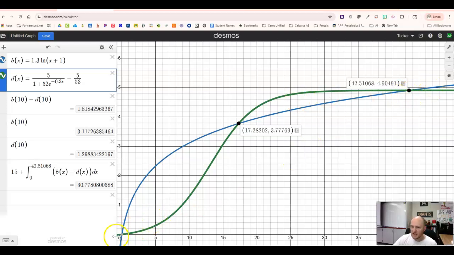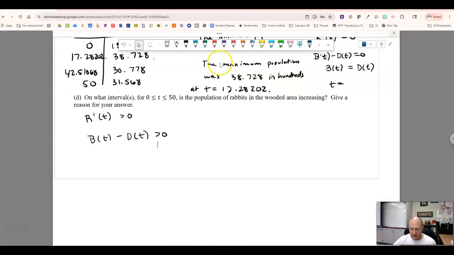So it looks like from 0 to 17.282, as well as from 42.511 to 50. It looks like our birth rate comes back up at this last piece here. So let's include that.